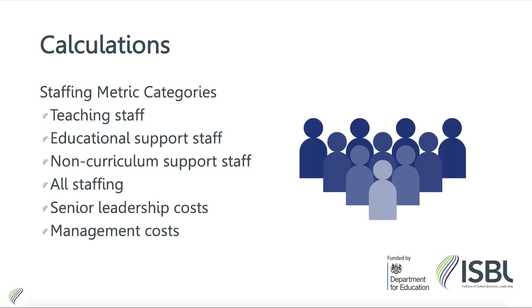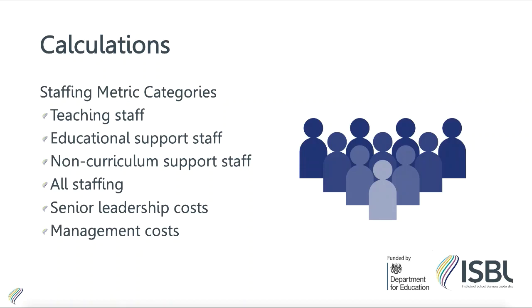The categories are teaching staff, which includes supply teachers, educational support staff, which includes teaching assistants, higher level teaching assistants, nursery nurses, and non-curriculum support staff, which includes admin, premises, welfare, and catering staff.